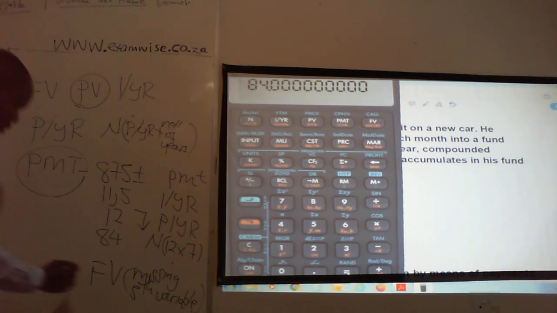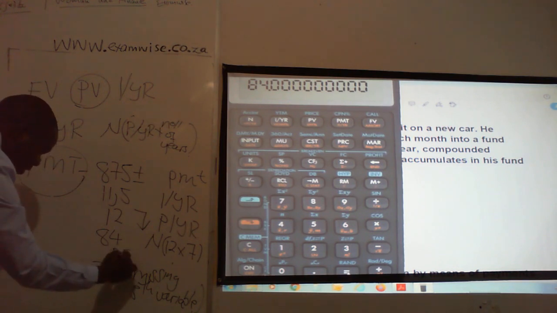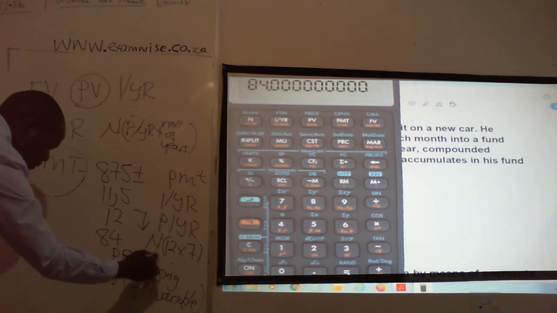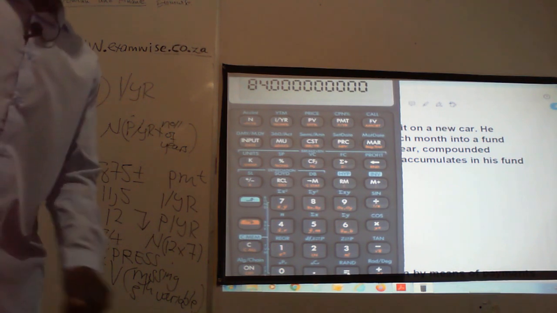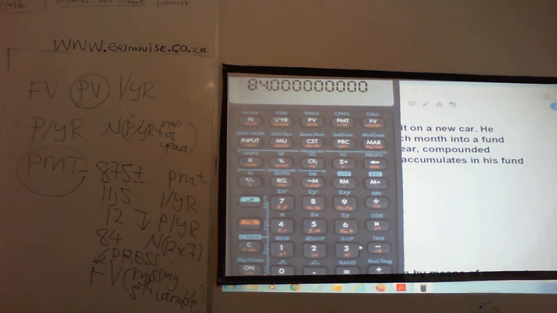Since we need future value, we press future value. So let us go to our HP financial calculator. We start by clearing our memory.